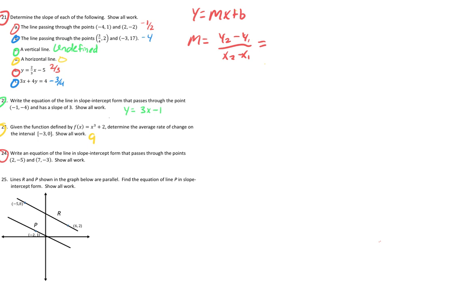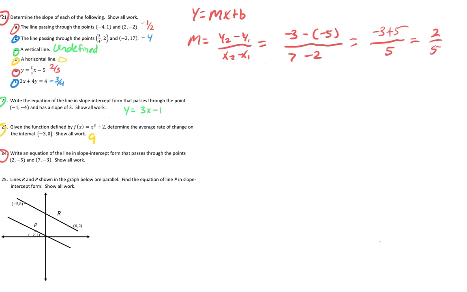So this will come from our different values here. -3 minus a -5 all over 7 minus 2, which will equal -3 plus 5 over 5, which will equal 2/5. So that's what our m equals.